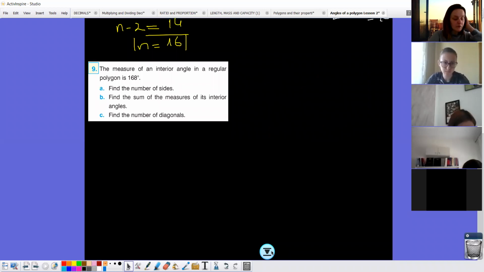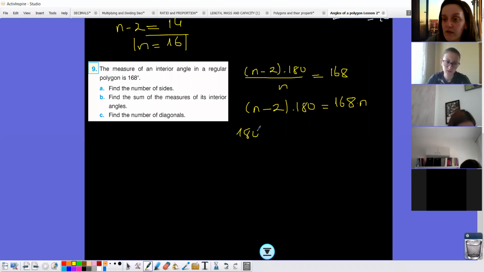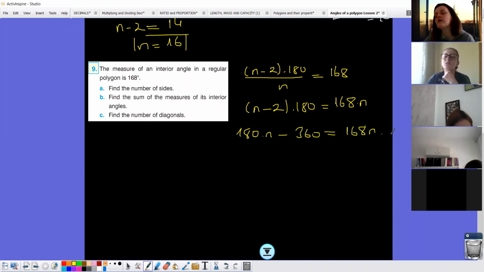What is the formula for one interior angle? N minus 2 times 180 over n is equal to 168. Now with the cross product, I will have n minus 2 times 180 is equal to 168 times n. Then this one will be 180 times n minus 360 is equal to 168n.